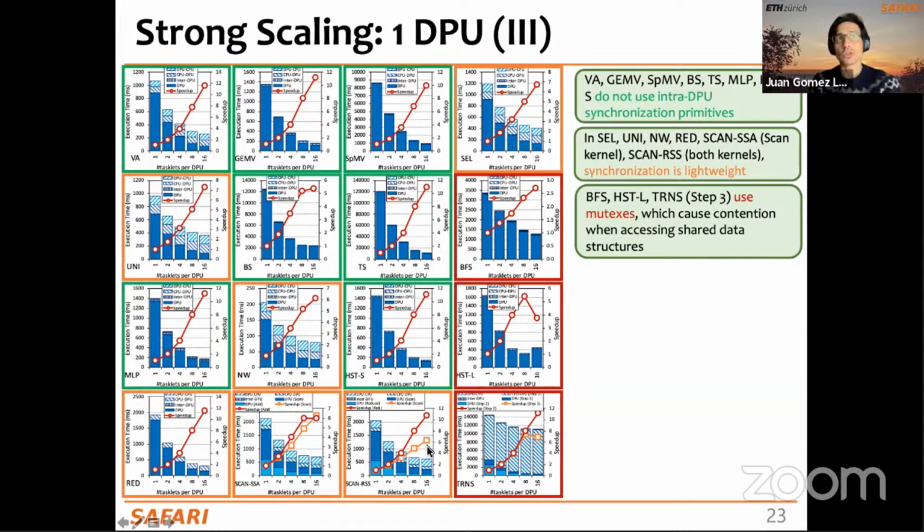And then there are also 3 of the benchmarks where we have quite a bit of contention when accessing shared data structures. And the way of accessing these shared data structures is by using mutexes. So remember that a mutex creates or defines a critical section where only one of the tasklets can be working at a time.